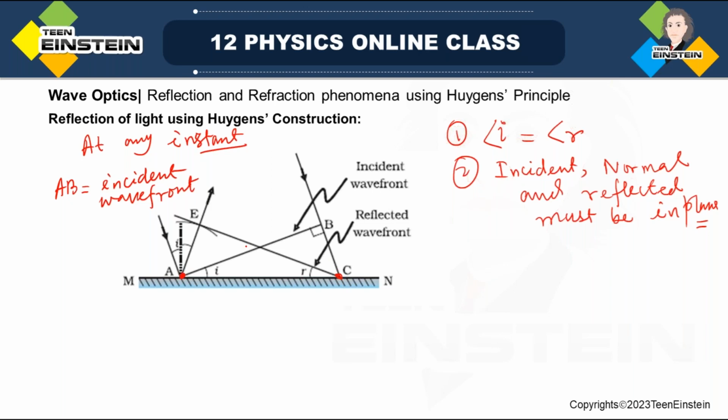We have understood that AB is the incident wavefront at an instant of time.